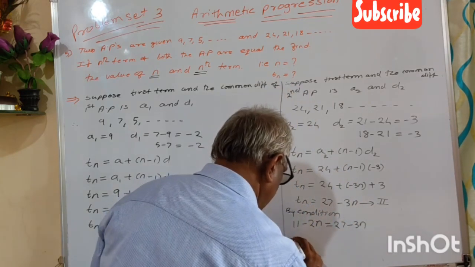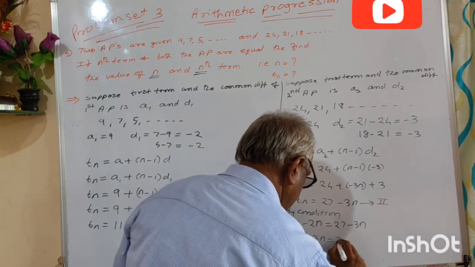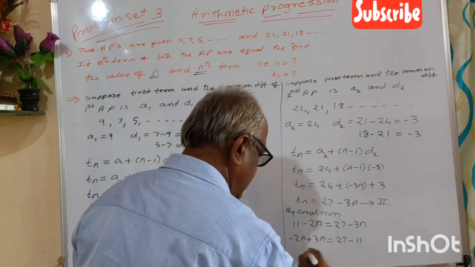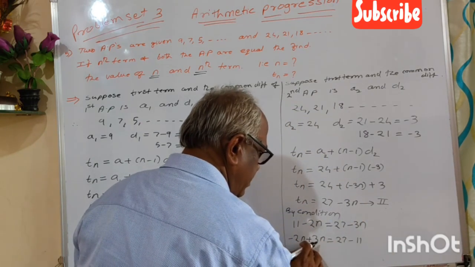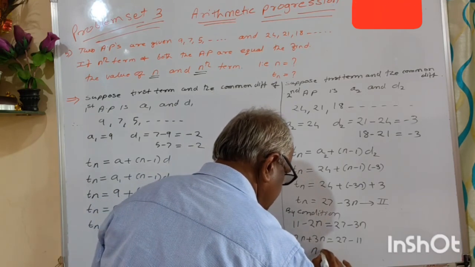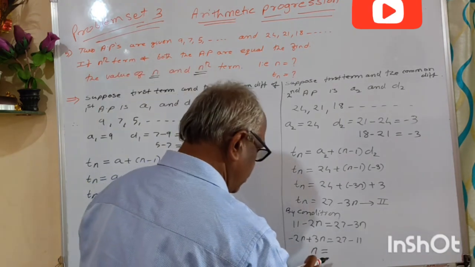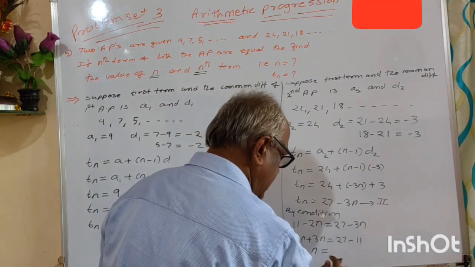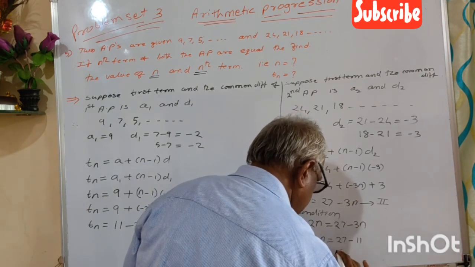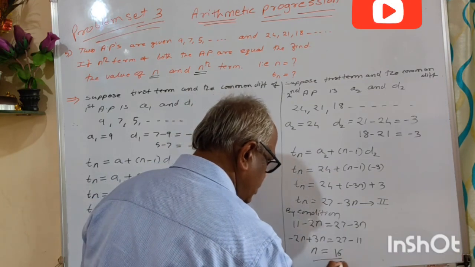So minus 2n plus 3n is equal to 27 minus 11. So now here minus 2n plus 3n, if you subtract, you will get n is equal to 27 minus 11, that is 16. That is n is equal to 16 we got.